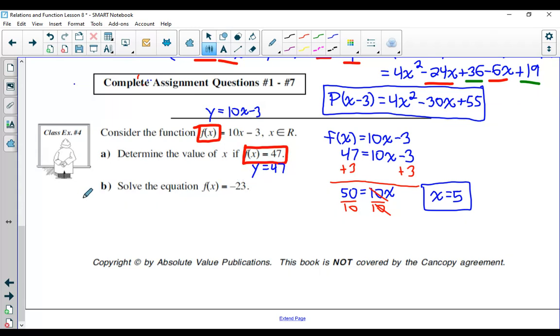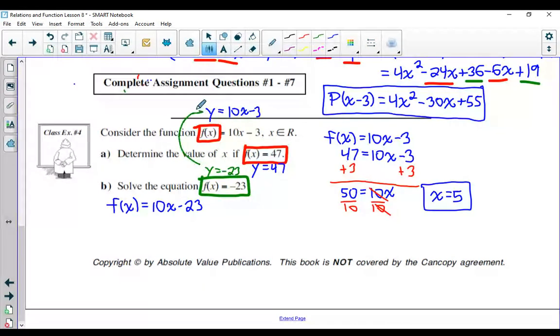So same thing. We're going to start off by writing down the function. So f of x is equal to 10x minus 23. And we're going to replace f of x with negative 23. So again, the key thing here is that f of x is the same thing as negative 23.